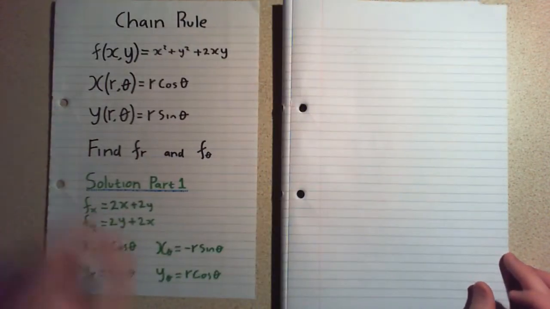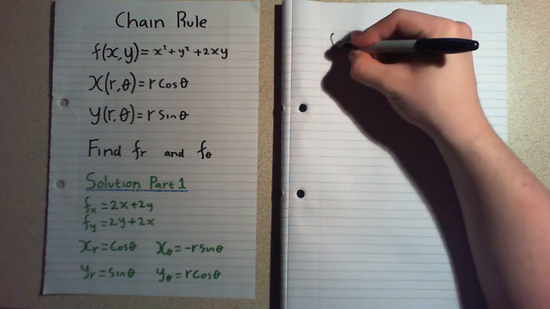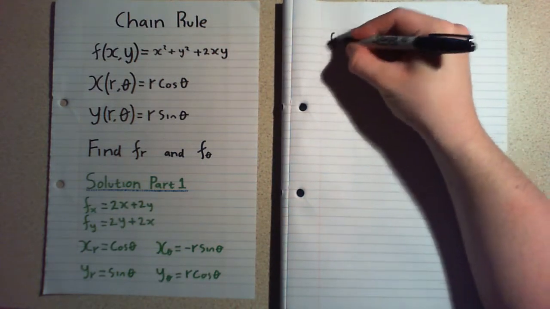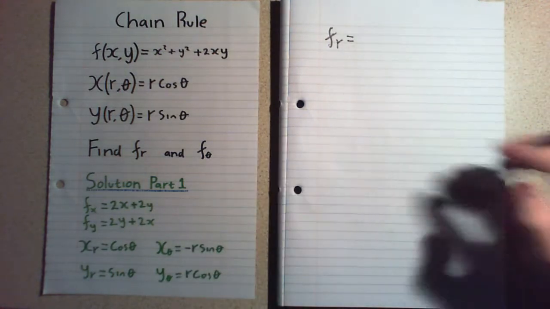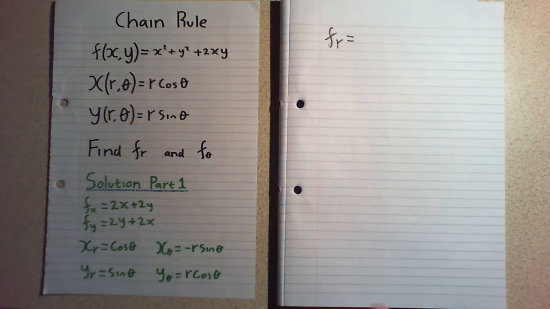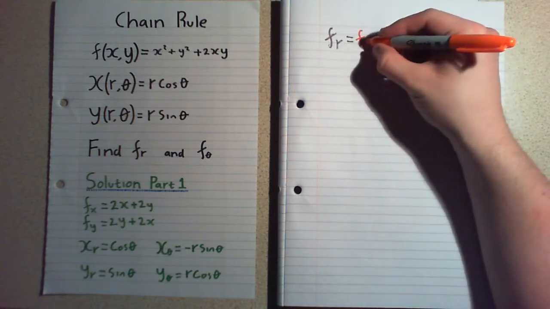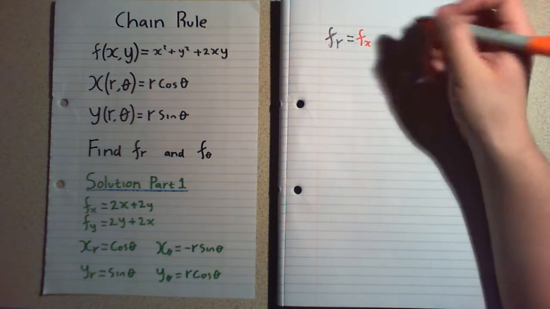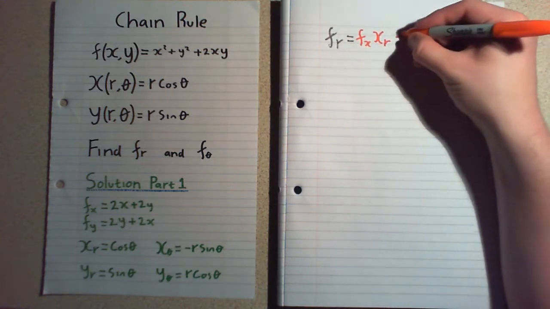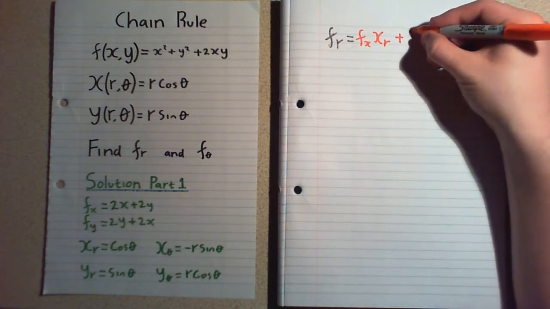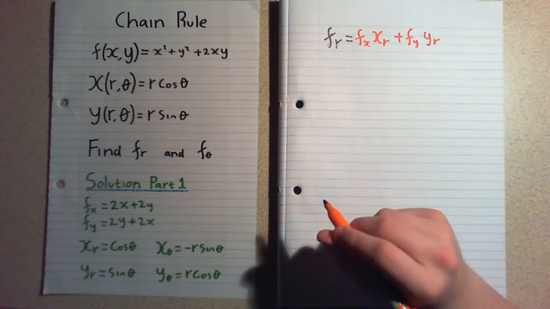And what we've got to do, very simply, is find two different results. So you have to find f with respect to r, and f with respect to r is going to be f with respect to x by x with respect to r, plus f with respect to y by y with respect to r.